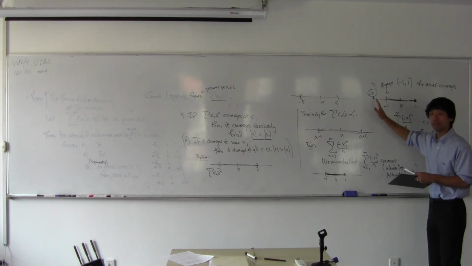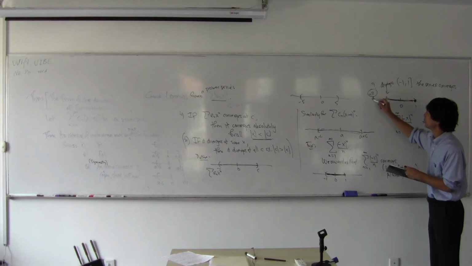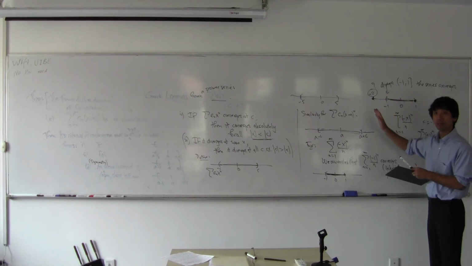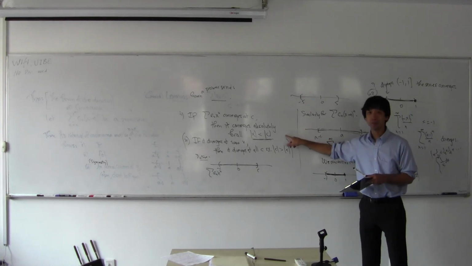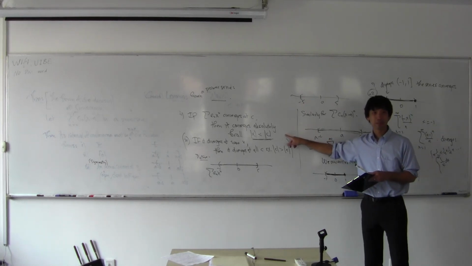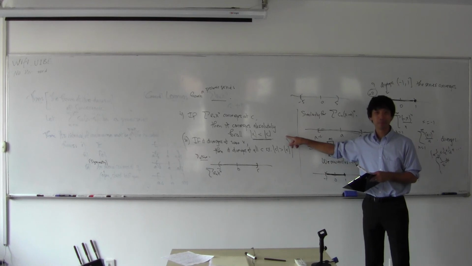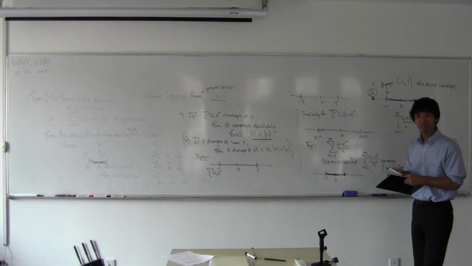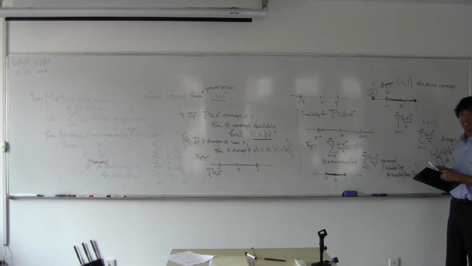What would happen if we had convergence at -2? Then, by the lemma here, what's going to happen? Bigger than 1? What is bigger than 1?